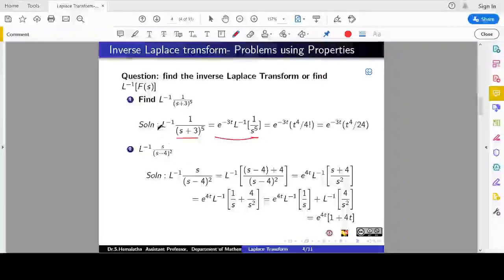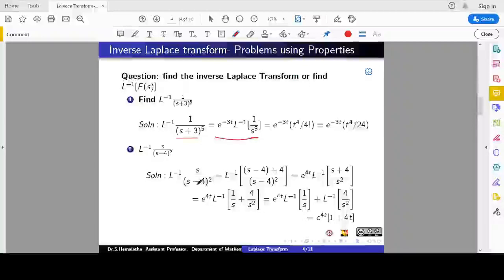The same shifting property can be applied here, but there is a difference, because look into the second problem. You have an s minus 4 here. If I want to apply shifting, wherever I have s, I should have the same format of parametric addition. I cannot apply two formats or two constants for one single Laplace function.